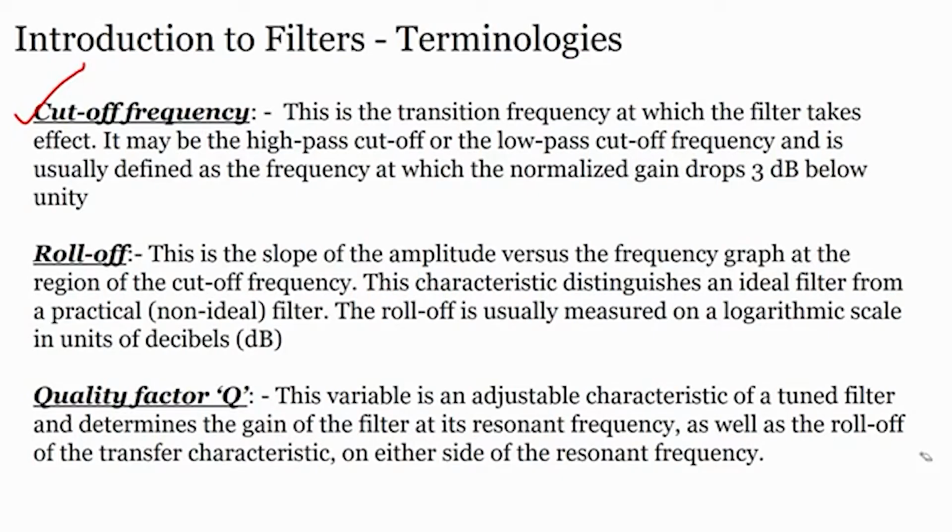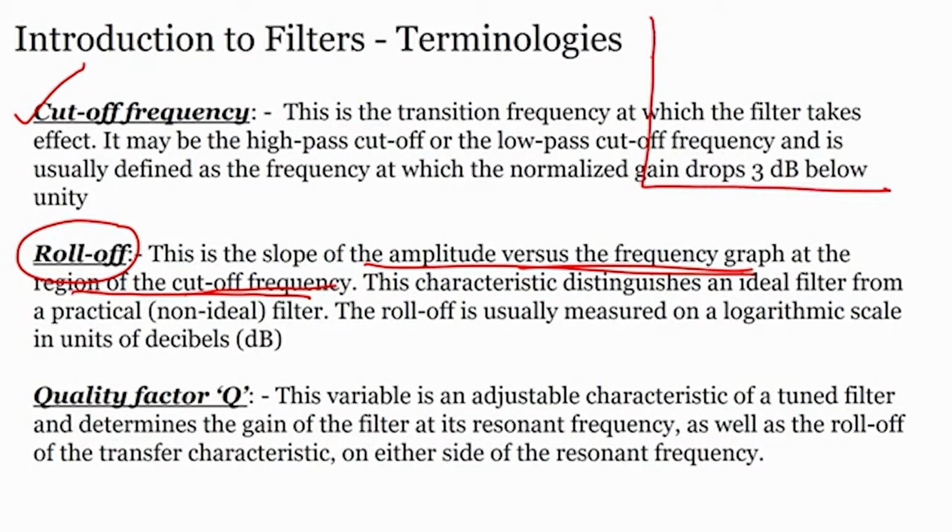Second attribute, what is the second attribute? Roll off, right. This is the slope of the amplitude versus frequency graph at the region of the cutoff frequency. So, you will see in the next graph that ideally it should be like this, right.